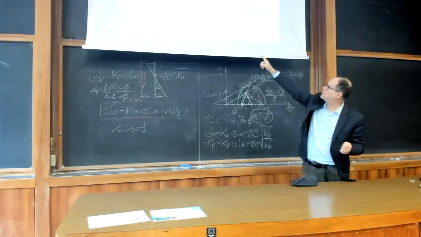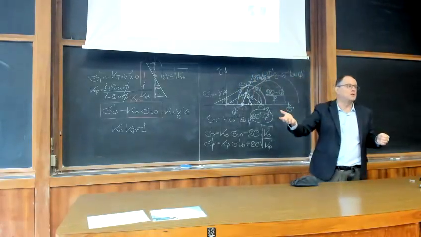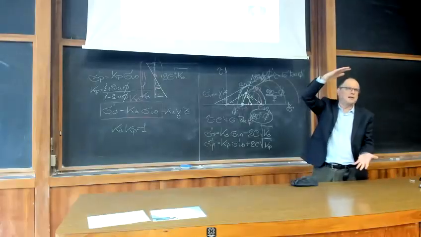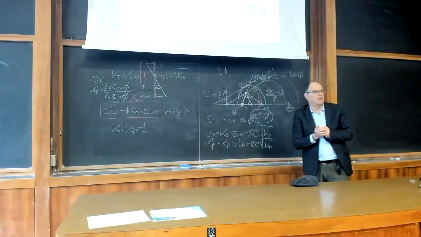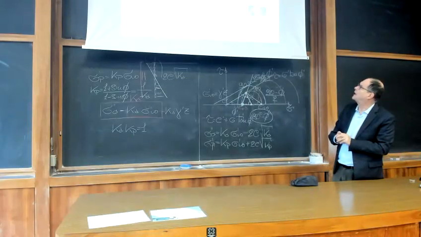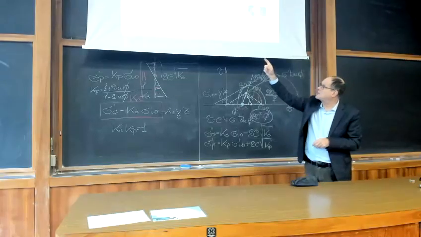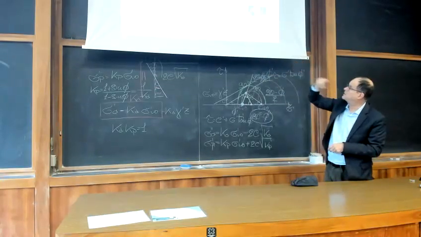If you think 0.2 is 20% of 2 meters, that is 40 centimeters. 40 centimeters is clearly a very large settlement and typically not tolerated by the superstructure. And in the vertical axis you have Q, the applied load.